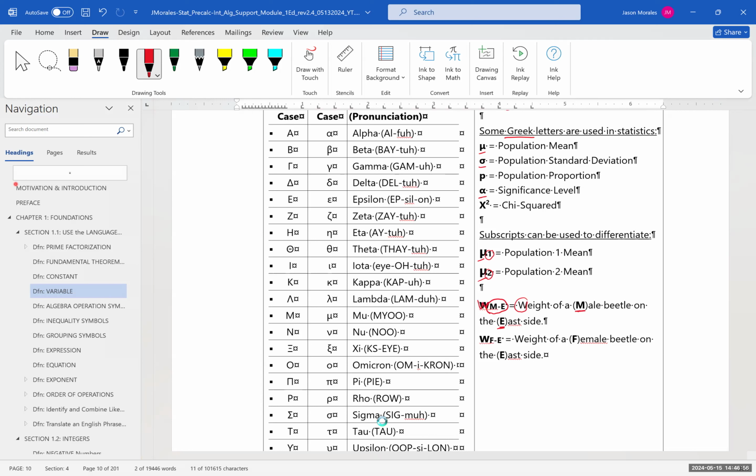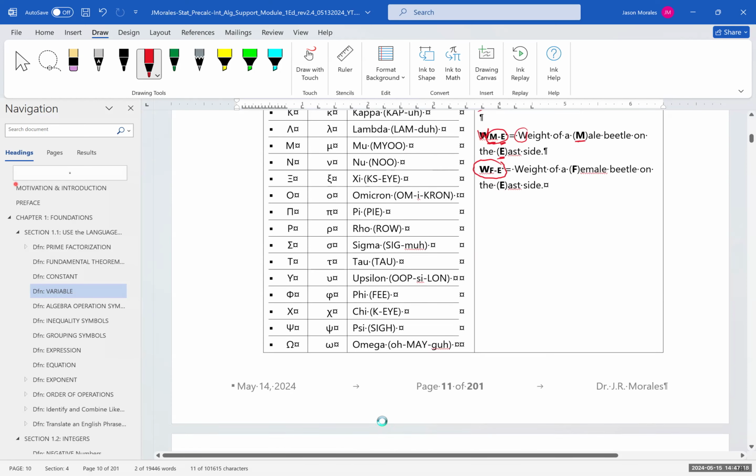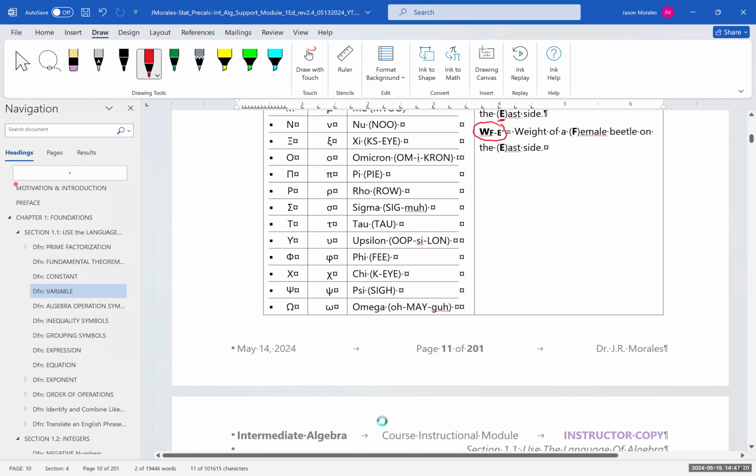And likewise, this is the weight of female beetles on the east side. So you can get a little creative with how you write these variables so that they'll help you understand what those variables represent at a very quick glance. Okay.